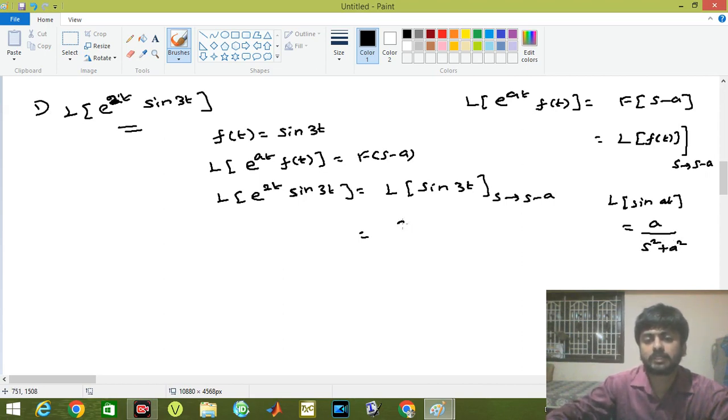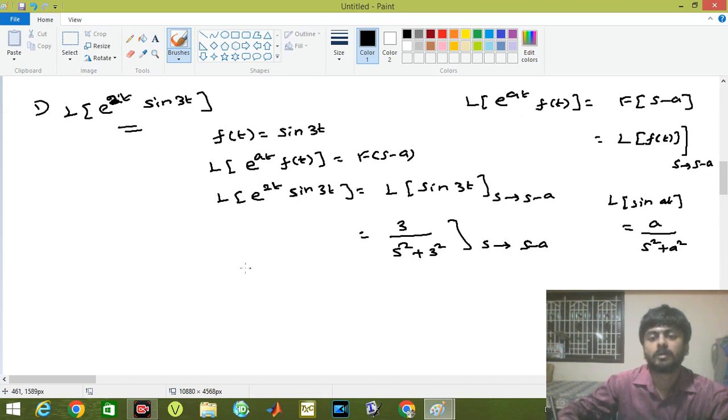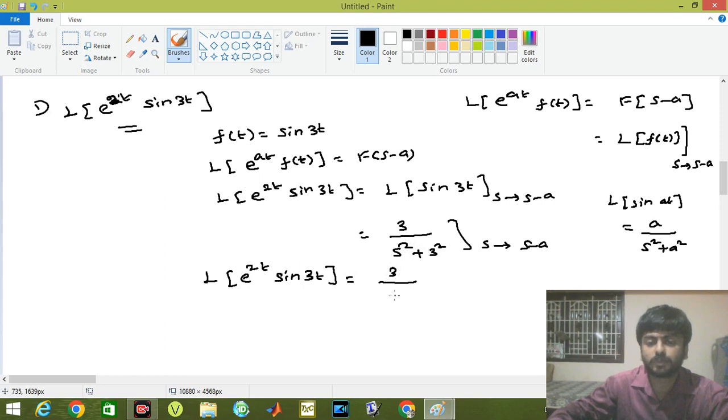So, what is a? 3 divided by s square plus 3 square, with a change of s to s minus a. So we will have L of e power 2t sin 3t equal to 3 divided by this s square has to be replaced with s minus a. So our a is 3.